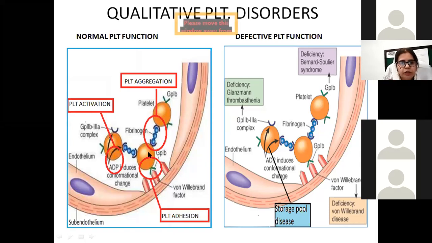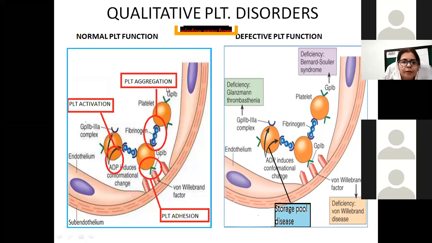Following platelet adhesion, they undergo platelet activation and the release phenomenon. Through the release mechanism, different platelet agonists are released, which recruit more platelets to this damaged site. One of the major agonists is ADP, and it produces conformational changes. This is called platelet activation. Following platelet activation, other platelets come and attach to the platelets, or aggregate.